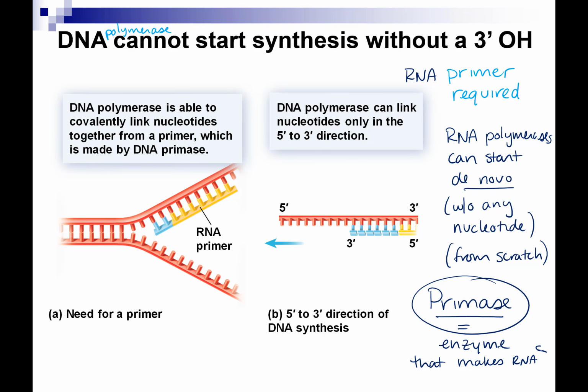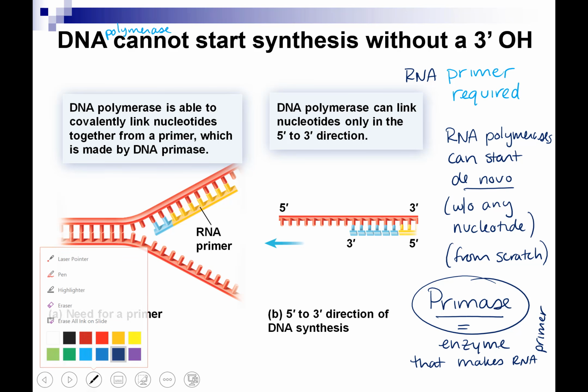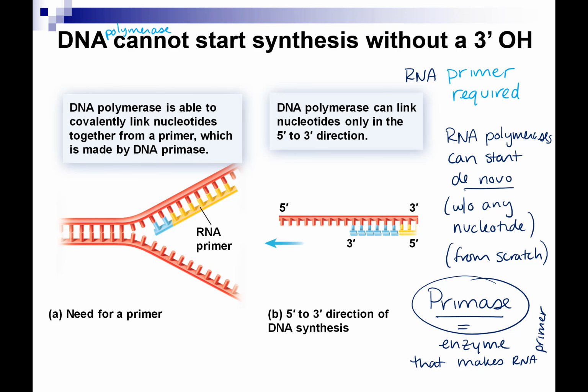Makes RNA primer. So in fact, there would be a protein here called primase that would be synthesizing this RNA primer. And again, it goes 5' to 3'. Every synthesis of RNA or DNA is 5' to 3'.